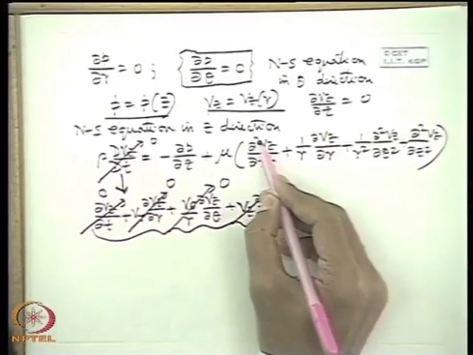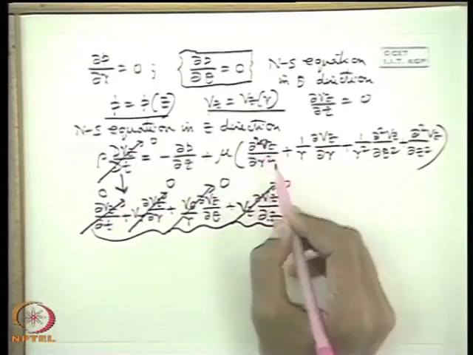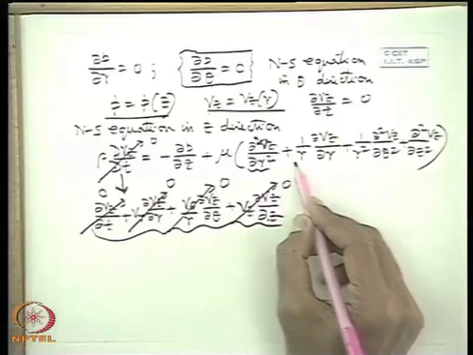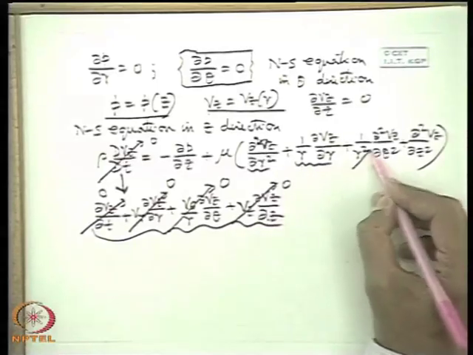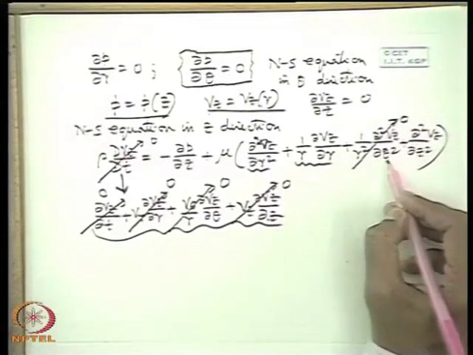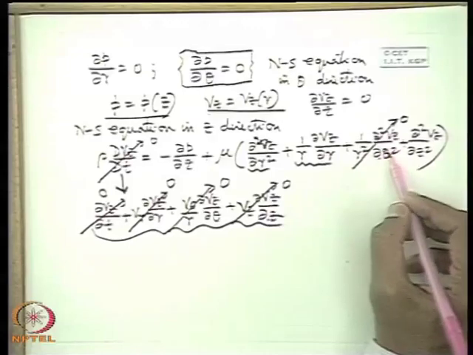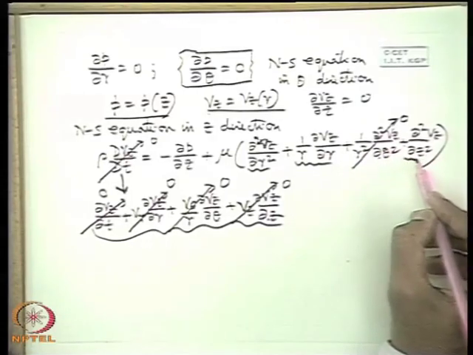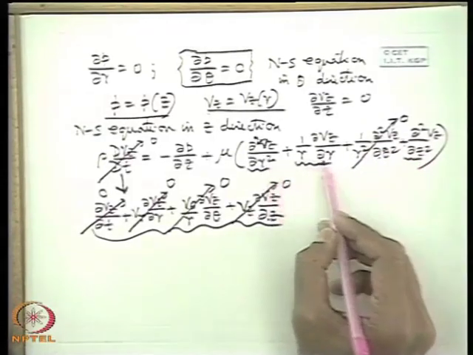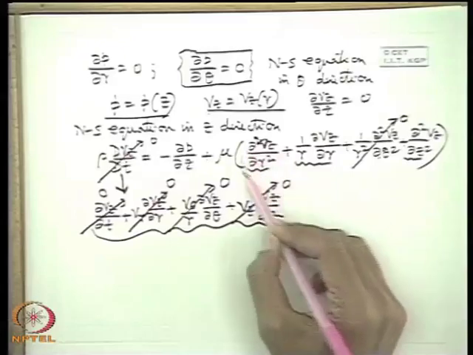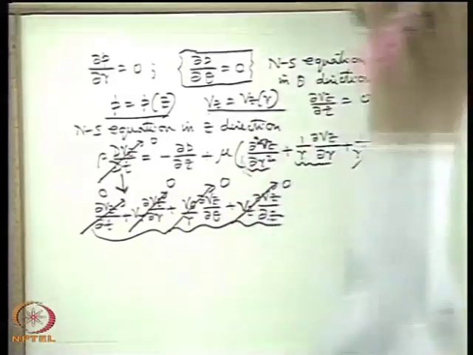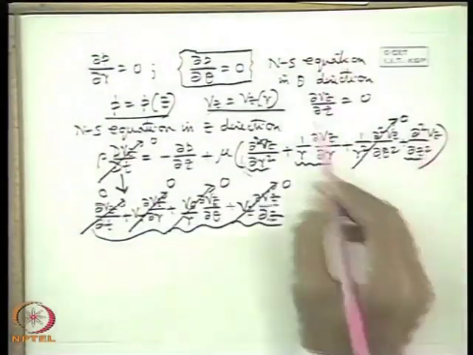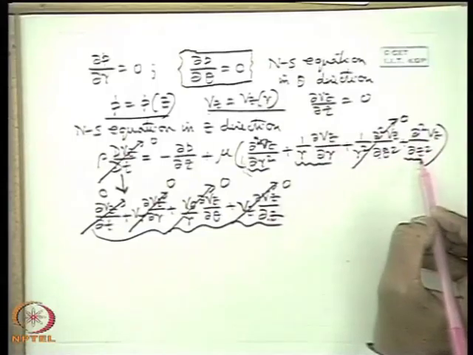Here you see this is not 0. Nowhere do we find that this is 0. This is also not 0, but this is 0 because no parameter is a function of theta, so the second derivative with respect to theta is also 0. Now this term can be neglected with respect to del square Vz del r square. Why? del Vz del z may be 0, but del square Vz del z square may not be 0.